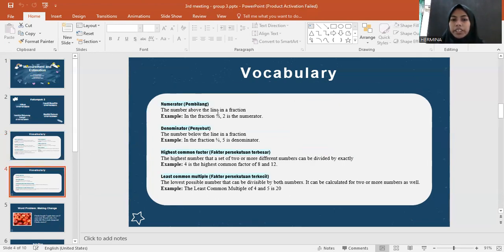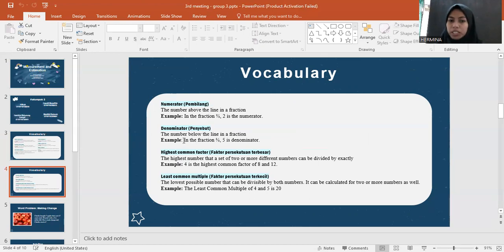Next, numerator, or we call it pembilang in Indonesian language. What is the numerator? The numerator is the number above the line in a fraction. For example, in the fraction 2 over 5, the 2 is the numerator. And next, the denominator, or we call it penyebut in Indonesian language, is the number below the line in the fraction.